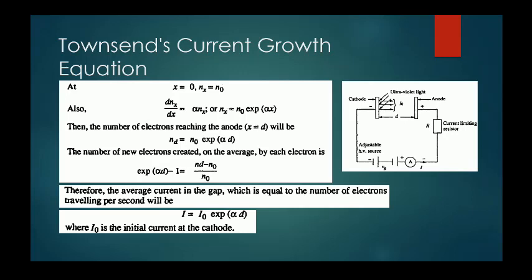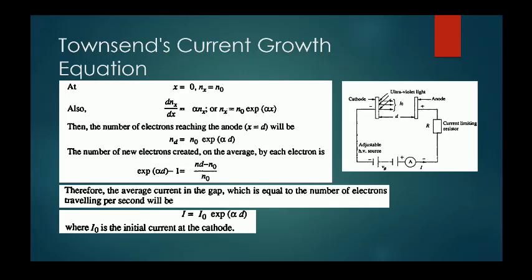So let us summarize what is going on. We have a cathode and an anode spaced apart by a distance d as shown in the figure. From the cathode side, electrons are flowing to the anode side.